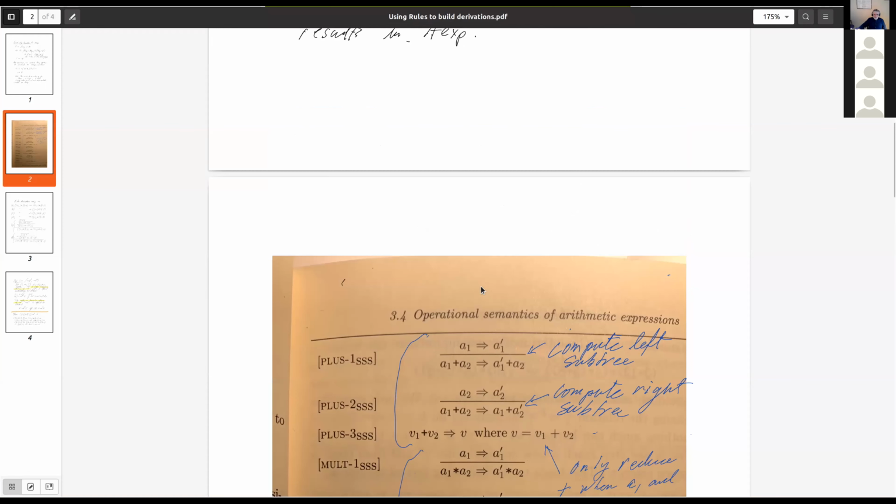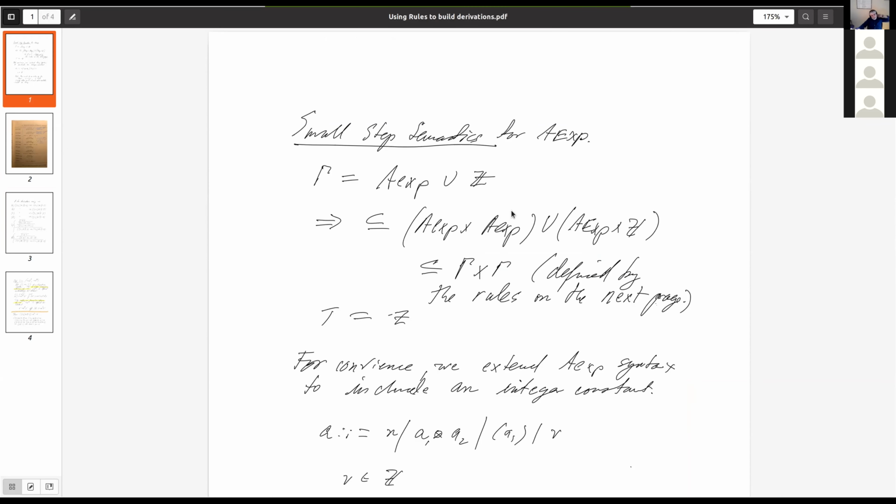But let's start over again talking about the small step semantics, because we didn't actually get that far into it. The difference is that with small step semantics, you're kind of modeling each step of computation.